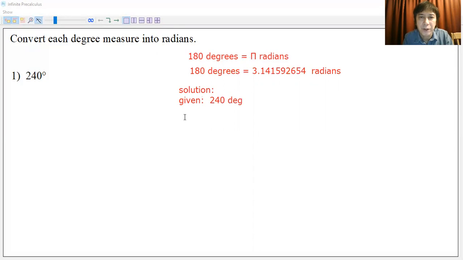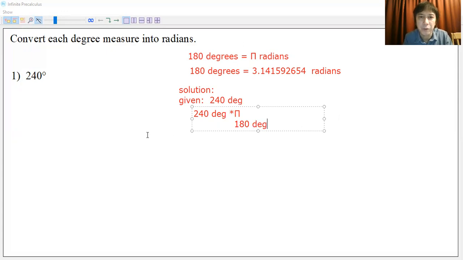So conversion goes like this. We start with 240 and then write the unit, and then this will be multiplied, times, let's just use the asterisk there, and we make use of the pi radians on top, pi radians per 180 degrees.